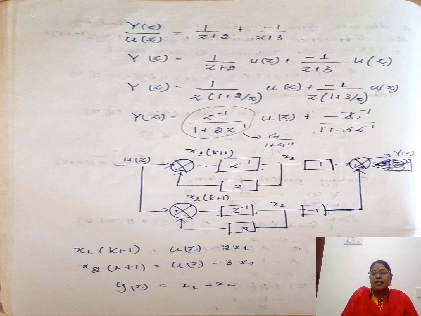So this is connected to a minus sign with 3 and x2. So this is minus 3x2. And what is y? Y is nothing but this input and this input. So this input is x1 into 1, then minus of x2. So x1 minus x2.